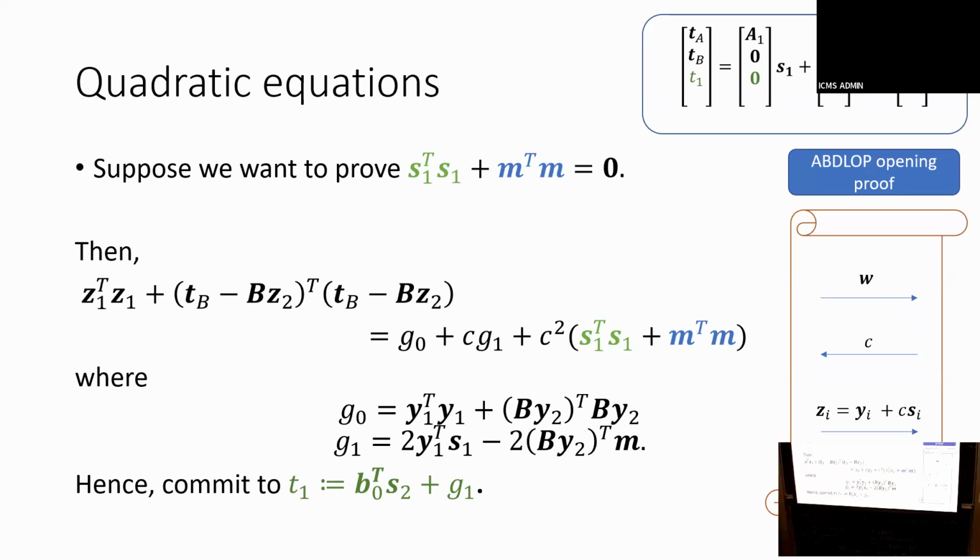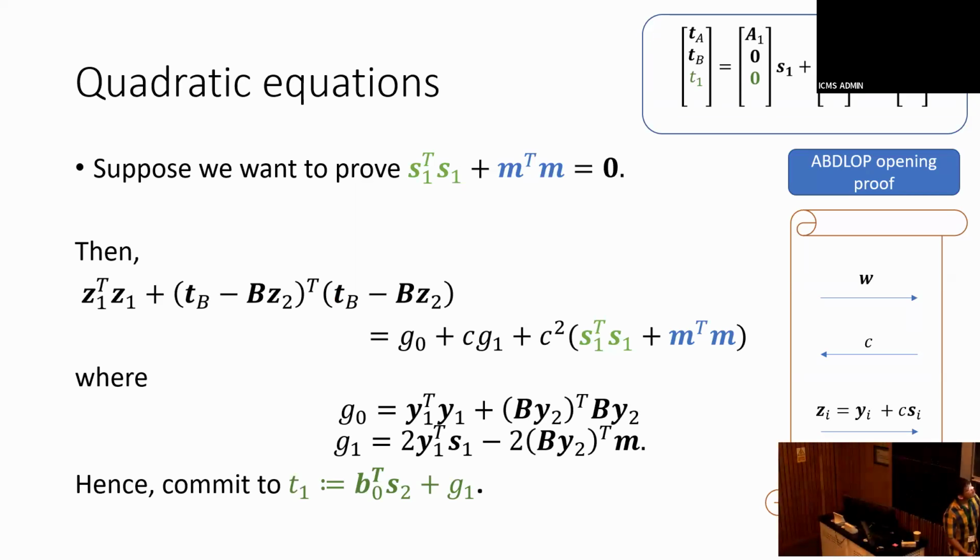So what I'm going to do is, I have these terms G0 and G1, so I can commit to them. I commit to this G1 and append the row to the bottom. It's still a valid ABDLOP commitment. So I commit, and then what do I do?